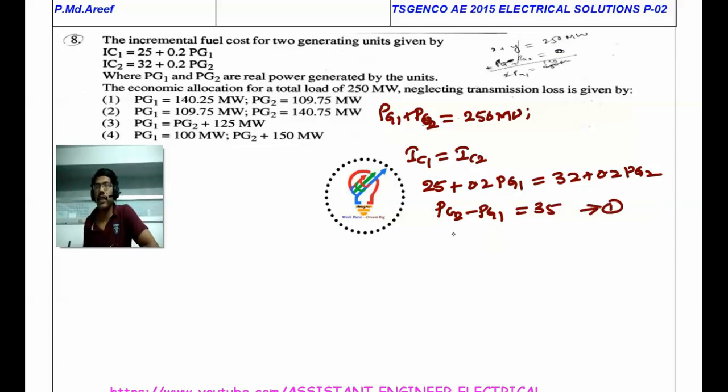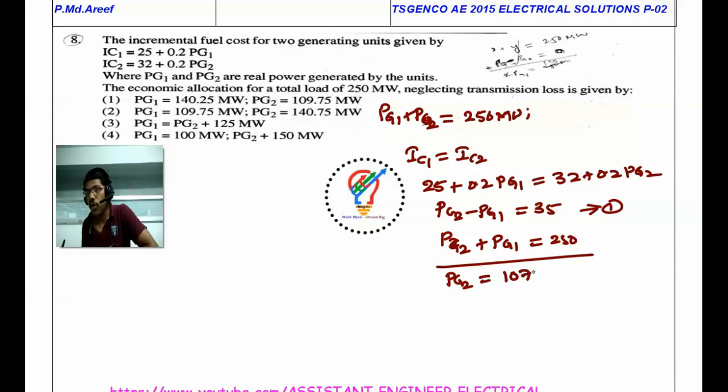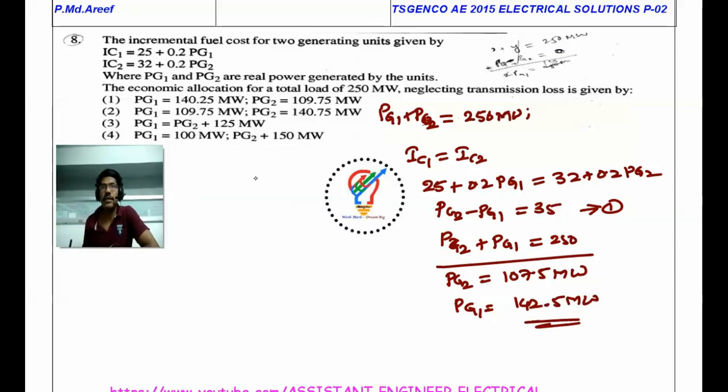And Pg2 plus Pg1 is equal to 250 megawatts. Solving, you will get Pg2 as 107.5 megawatts and Pg1 as 142.5 megawatts. These two answers are not in the given options, so the answer is not available.